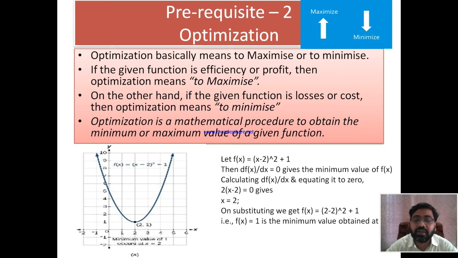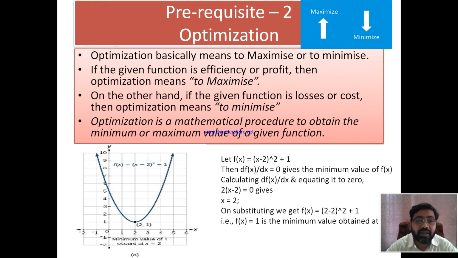So suppose there is a function f of x equal to (x minus 2) whole square plus 1. Then differentiating this function and equating it to 0 gives the minimum value of f of x. Because you see, on the left is shown the graph of f of x equal to (x minus 2) whole square plus 1.